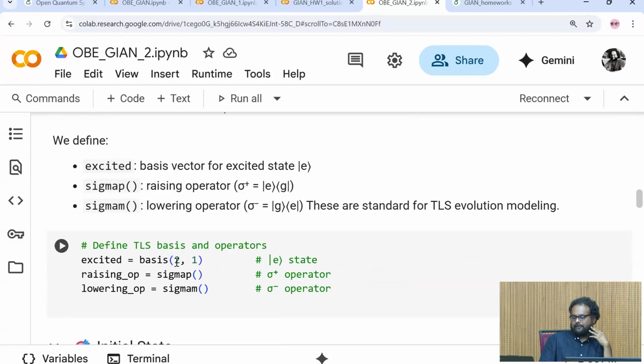So basis of two, with my system in the excited state. That's what this excited tells you. It's basically defining my excited state. For my raising and lowering operators, sigma plus and sigma minus, Q-tip has inbuilt functions, sigmam and sigmap. You can directly use them. Okay, should I make it even bigger?